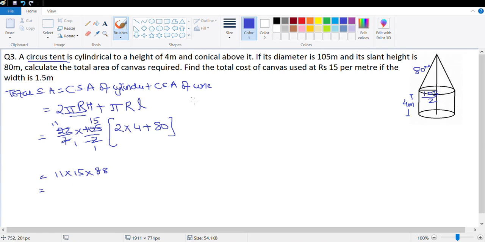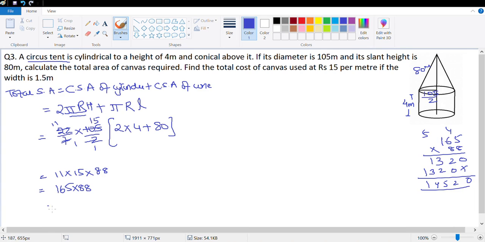Let's multiply 15 into 11, that's 150 and 15, that's 165 into 88. Now let's multiply 165 into 88, and that's 14520.